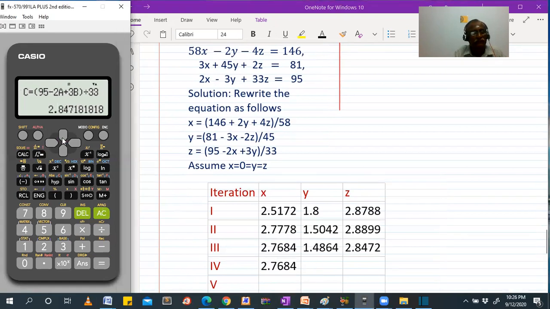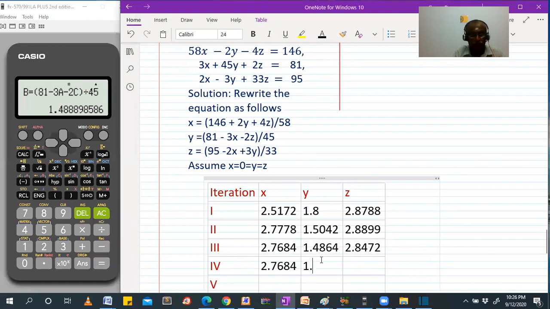Y: calc a equal to 2.7684, c is 2.8472. So it is 1.4889. This can also be taken as 1.4889.